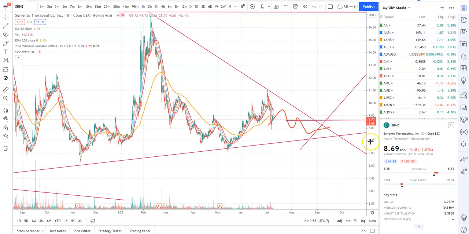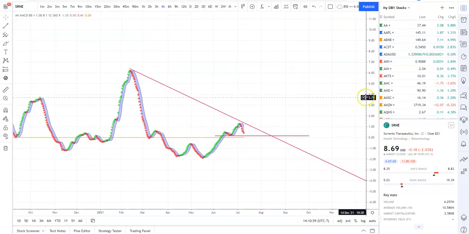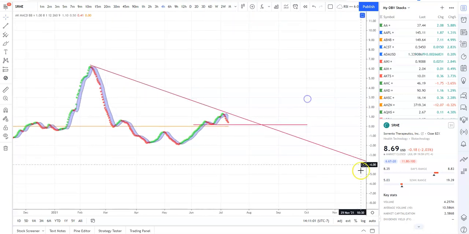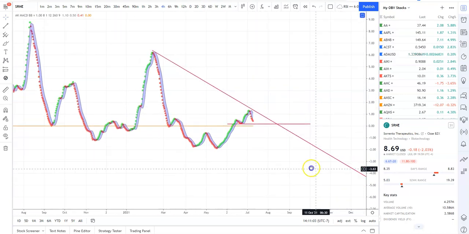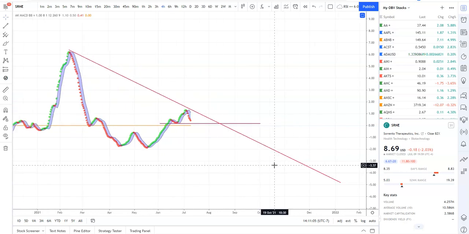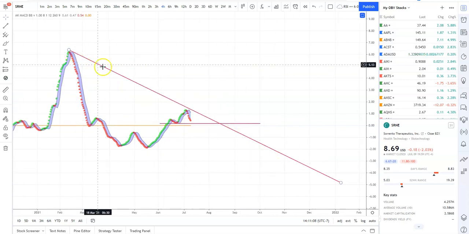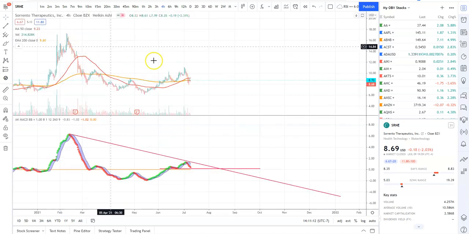So that's why I'm looking at Sorrento. So that's the daily and 1 hour time frames. And then just quickly, another indicator I like to use quite a bit is this momentum. Gives confirmation of trends and really good for breakouts. So you can see it's a very similar pattern to what I was showing on the daily.